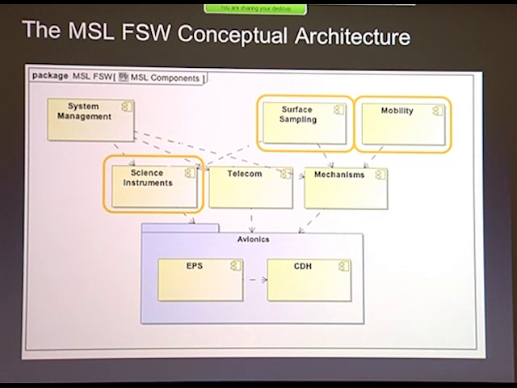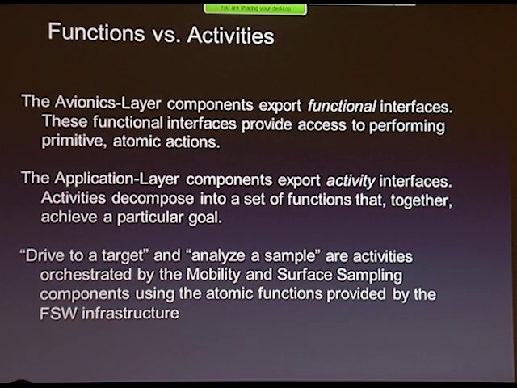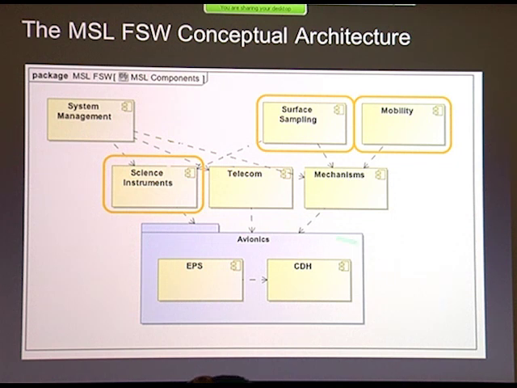So let's talk a little bit about that layering then. Functions versus activities. The avionics layer components export what we called functional interfaces. These functional interfaces provide access to performing primitive atomic actions. If you go back and look at the avionics software, it really is the C&DH component plus the EPS component, the electrical power system component. On MSL, the avionics between these two components were so tightly coupled that we had to create this avionics layer that contained both the C&DH and the EPS components.